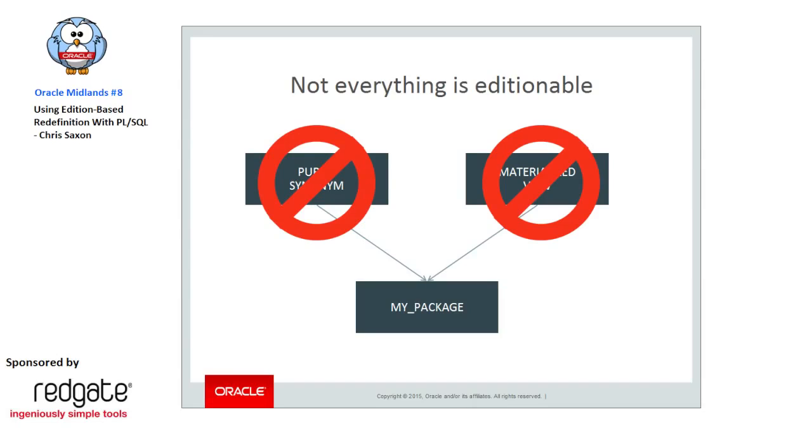You can edition private synonyms, but you can't edition public synonyms. If you think about it, your public synonym is always visible to everyone, and if you have to have multiple editions of that, what does that actually resolve to for people who are edition enabled and for people who aren't? Other things you might have materialized views which reference packages.